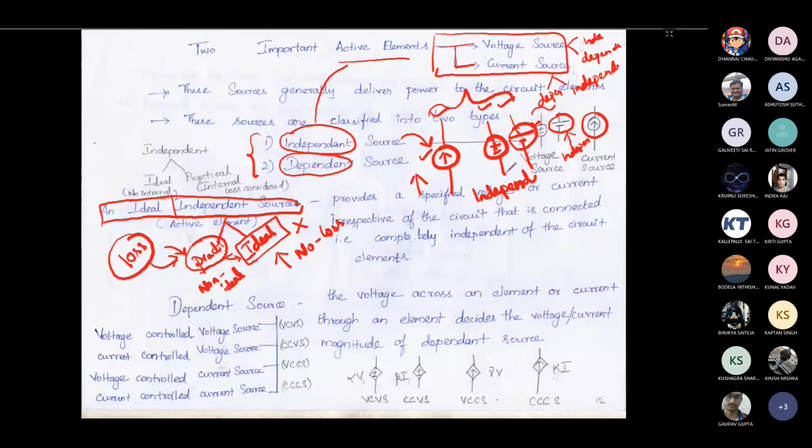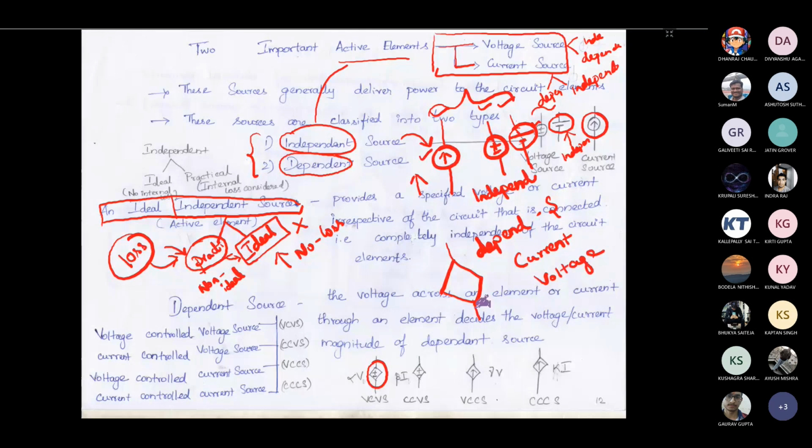Then a dependent source is represented with the diamond symbol. If the diamond symbol is used, it means that it is a dependent source. In dependent sources also we have two things: dependent current source and dependent voltage source. Why it is dependent, we will discuss later.